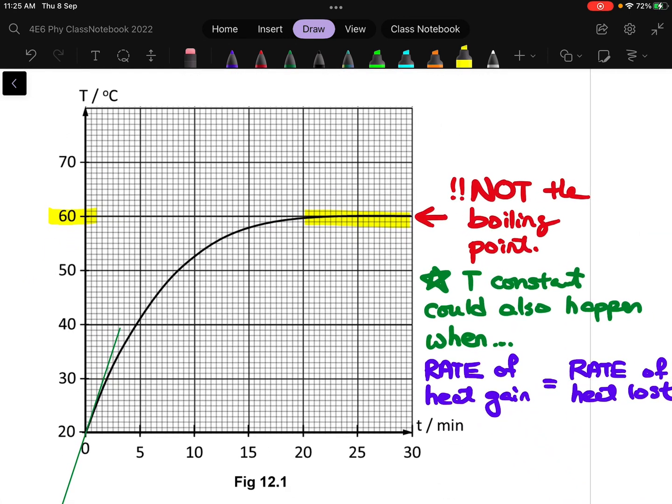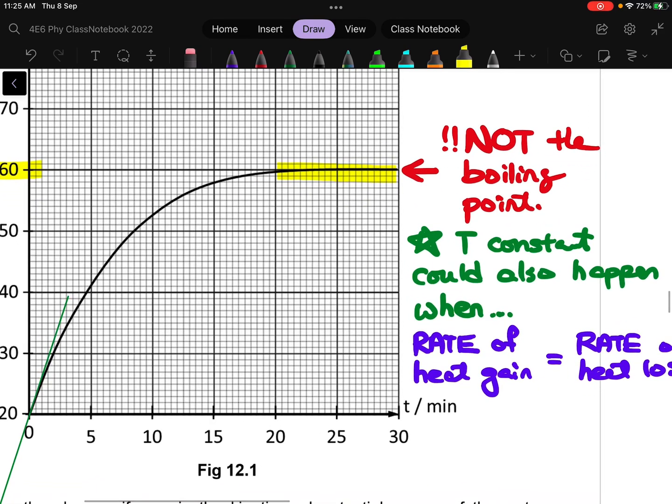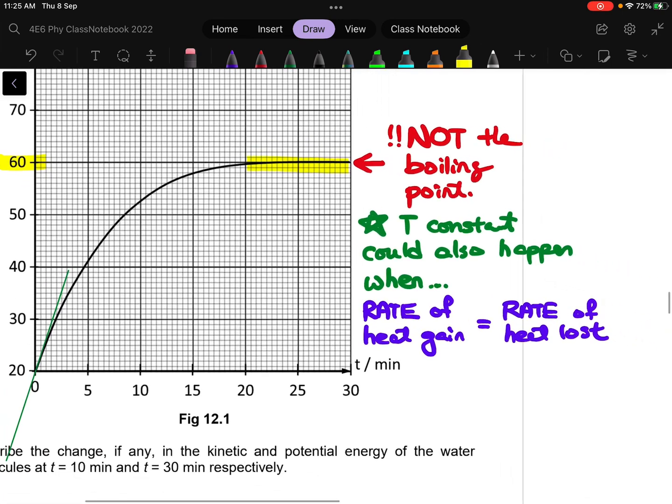So why is there a flat line? You need to remember the basics. And the basic is that temperature will rise if there is a net heat gain. So when the temperature couldn't rise anymore, it is because the rate of heat gain from the Bunsen burner to the water is equal to the rate of heat loss from the water to the surrounding.